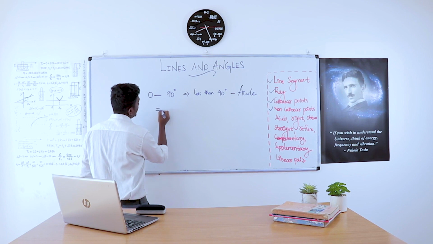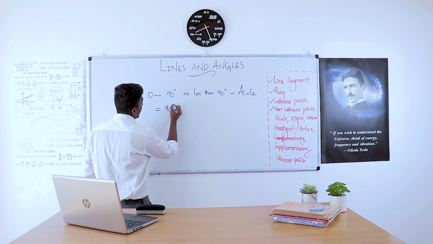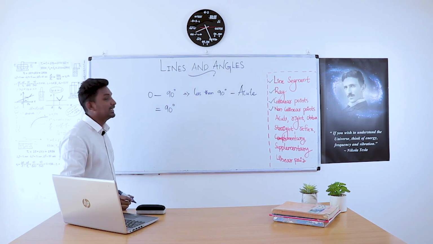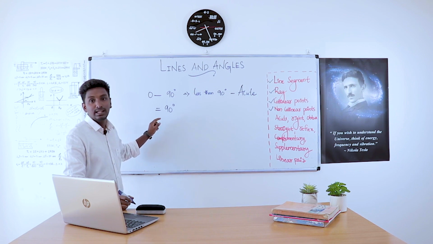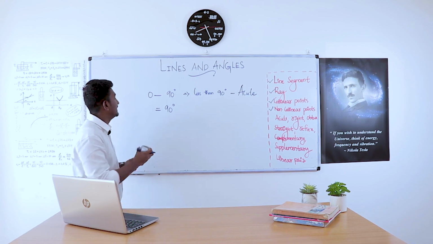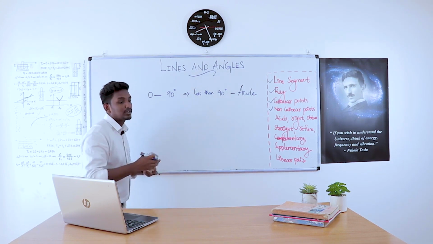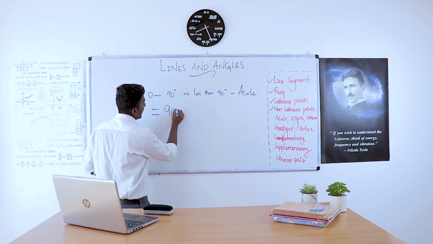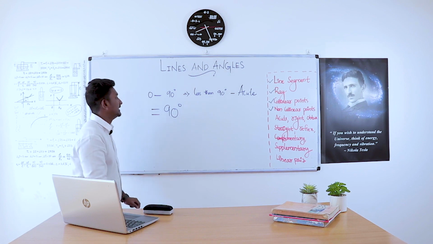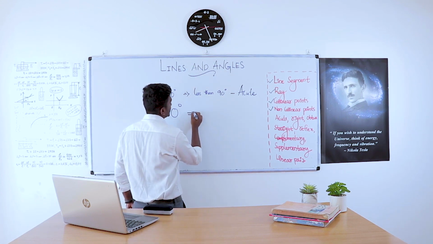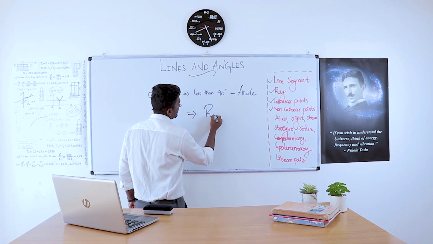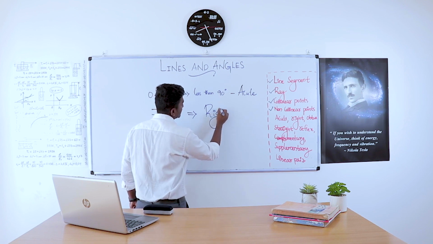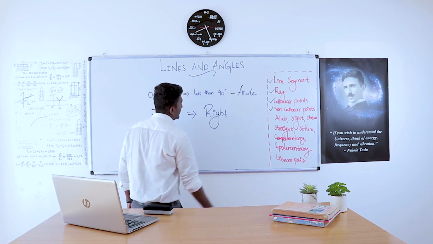If the value of the angle is exactly equal to 90 degrees, then it is known as a right angle.